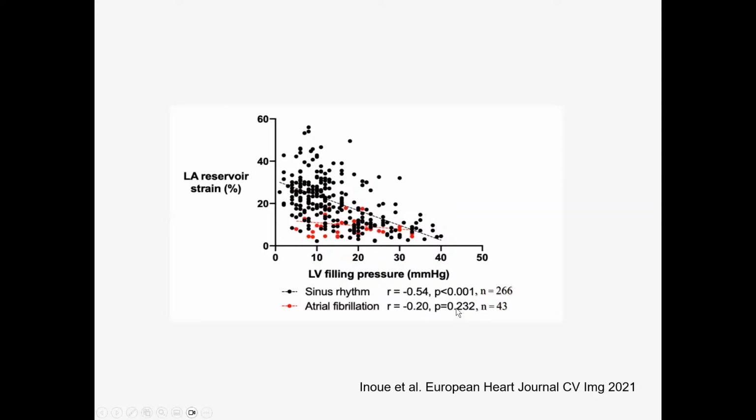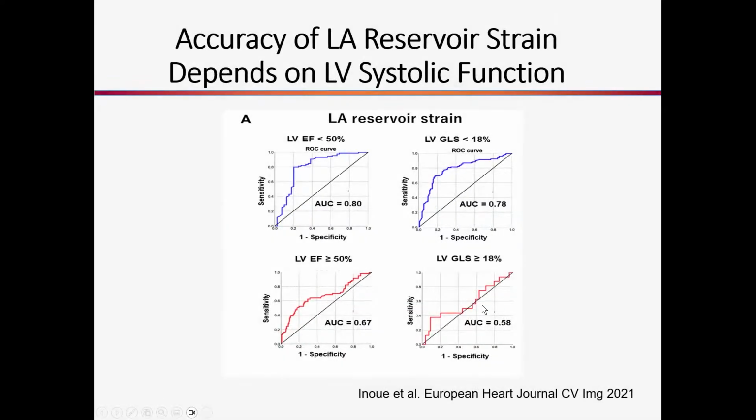And you can see that in sinus rhythm, there is a significant association, but with wide scatter, whereas there is no relation in patients with atrial fibrillation, albeit it's a smaller number of patients.